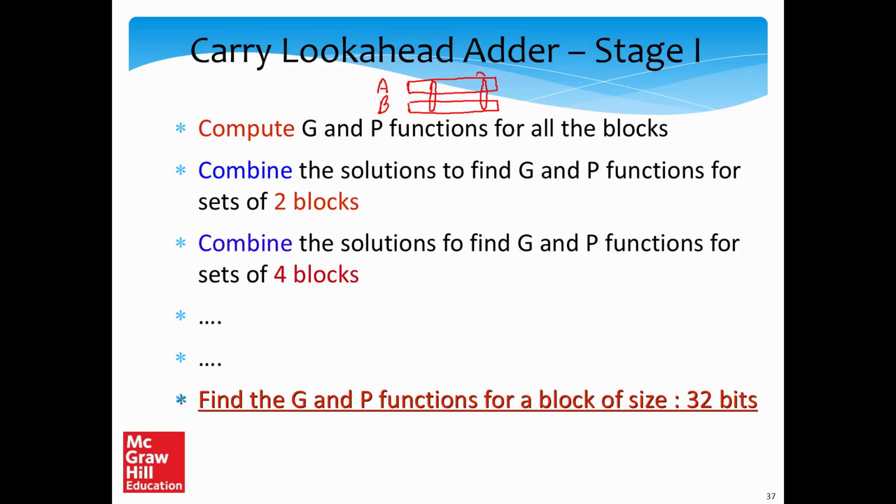And then we create a multi-bit system where we compute it for two bit pairs. Similarly, we combine the solutions to find GNP functions for sets of 4 bit pairs. So I should maybe say bit pairs; it's slightly easier to understand.